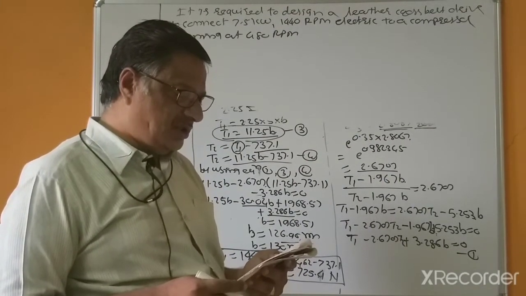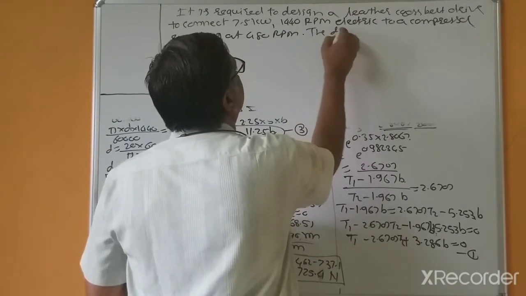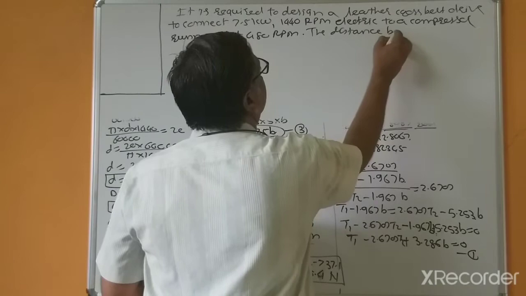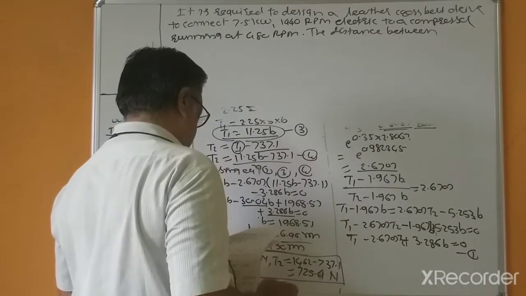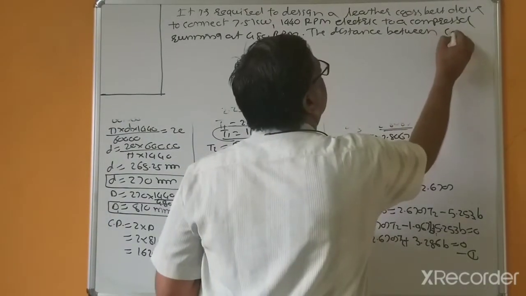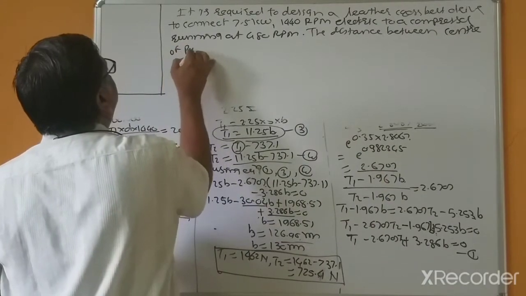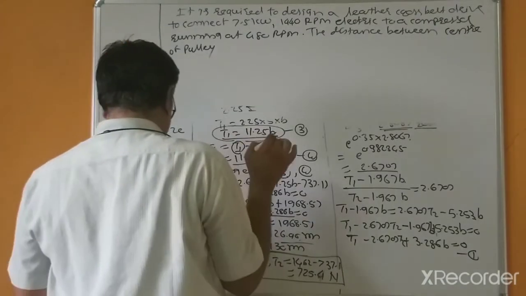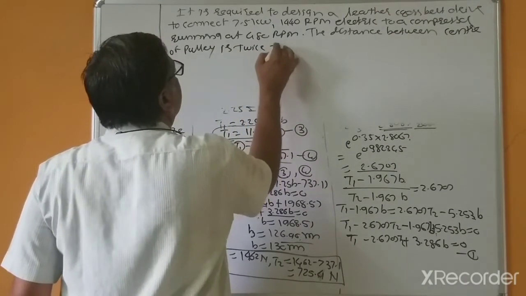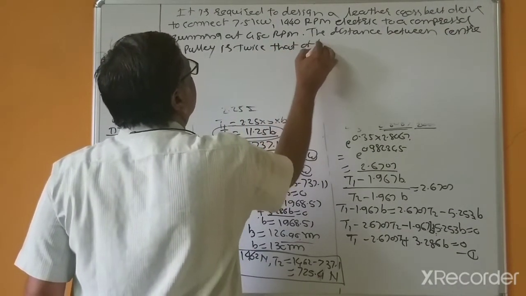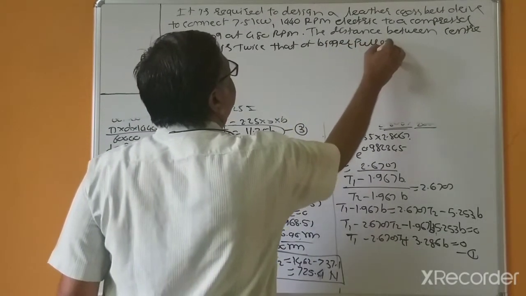The distance between the centers of pulleys is twice that of the bigger pulley.